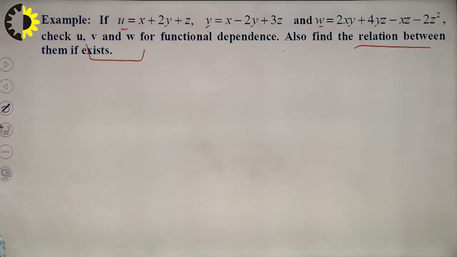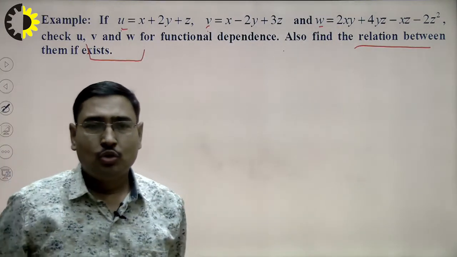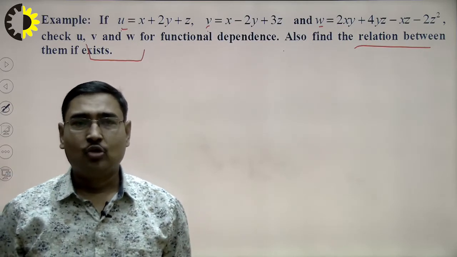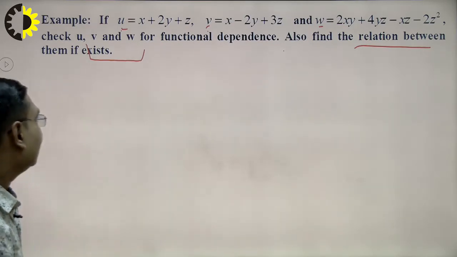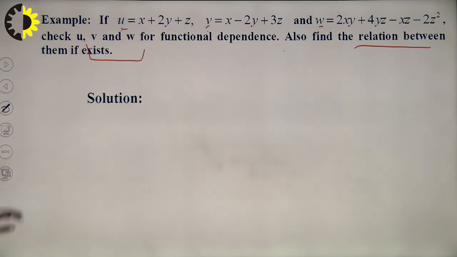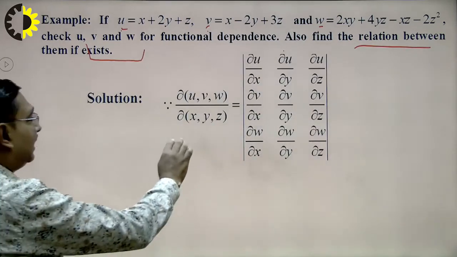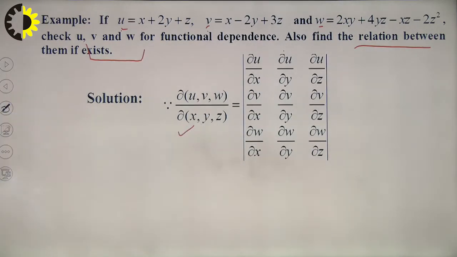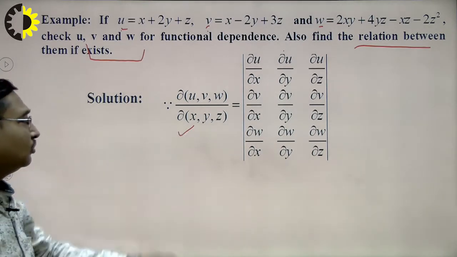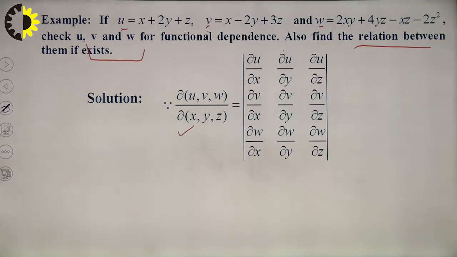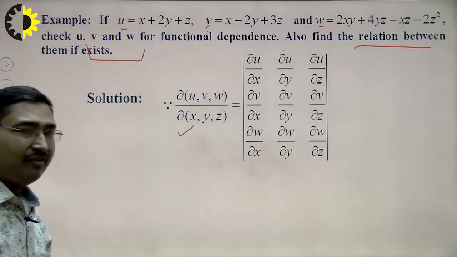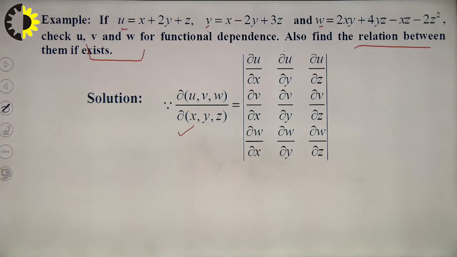We have seen that the Jacobian will help us check functional dependence, and therefore we shall calculate this Jacobian del(u,v,w) over del(x,y,z). If its value is 0, then u, v and w will be functionally dependent, otherwise not.